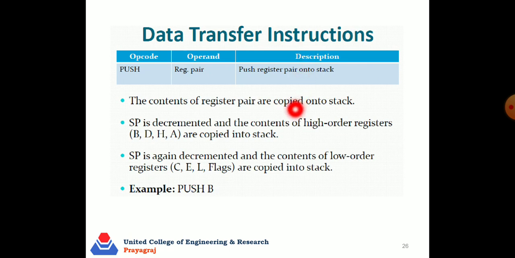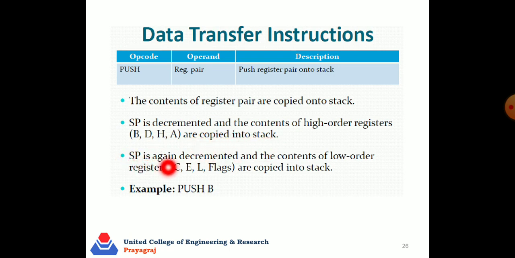So the meaning of push: the content of the register pair is copied onto the stack. Listen very carefully. The stack pointer is decremented and the content of the high order register, it may be B, D, H or A when we are using push PSW, is copied into the stack.